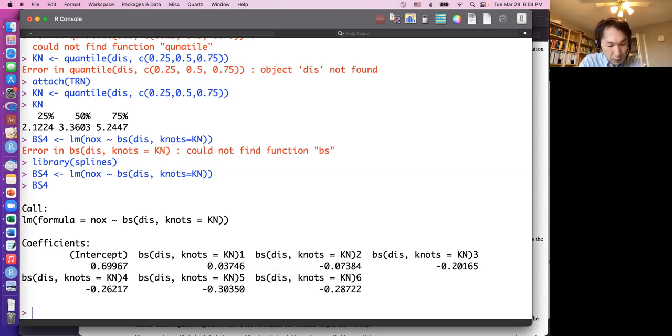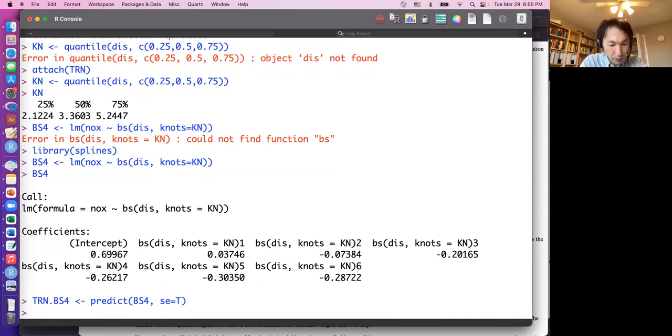And we want to see the fitted observations, so we calculate the fitted value. So maybe BS4, training BS4. So predict BS4, and maybe just in case we calculate standard error also.